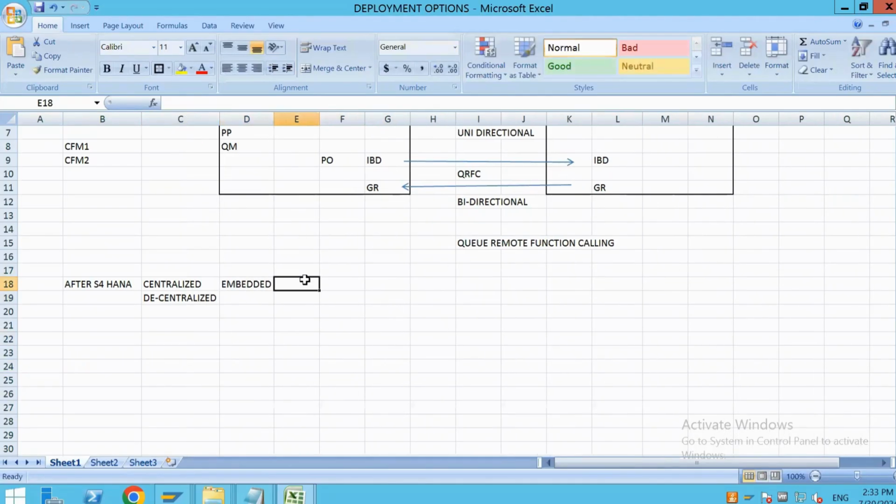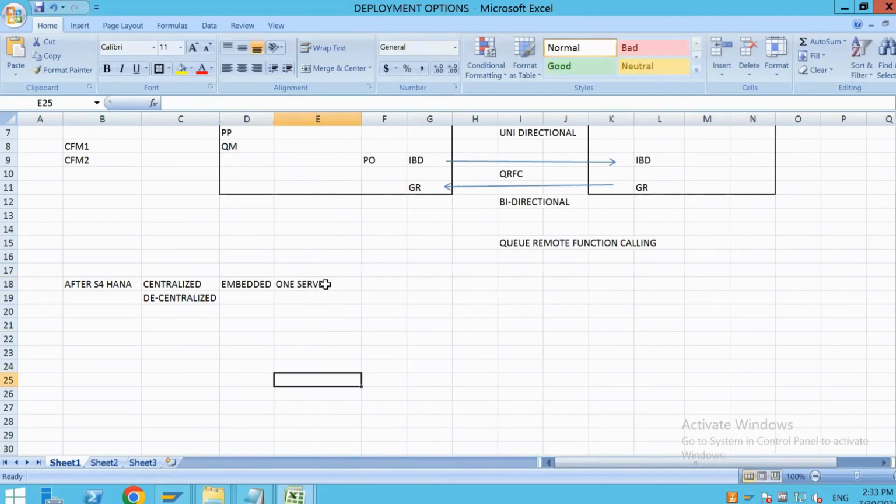Your S4 and EWM will both be in one server. Decentralized means two different servers: S4 is one server and S4 EWM is a different server. Tomorrow we'll discuss in detail what centralized, decentralized and embedded mean, and how we move master data and transactional data.